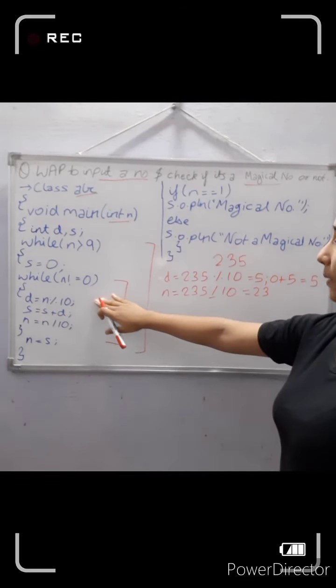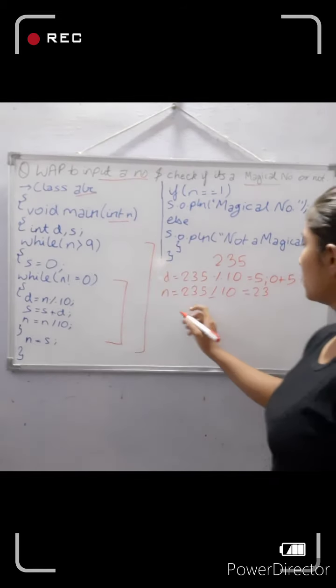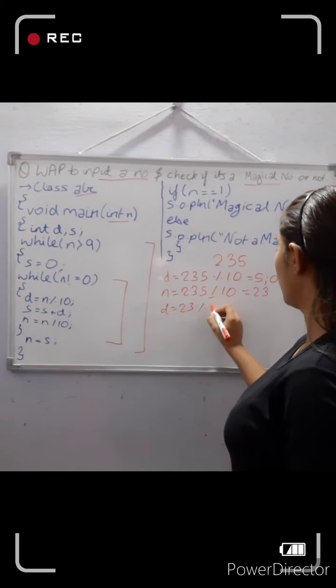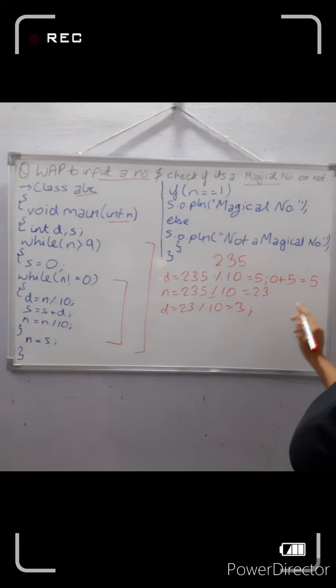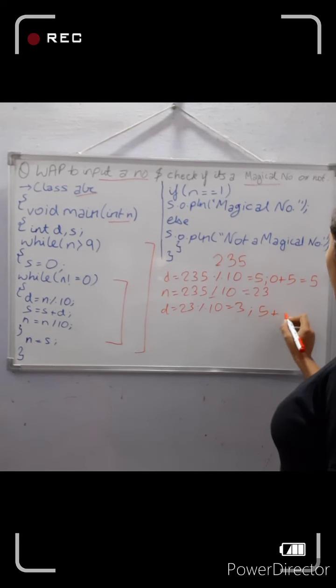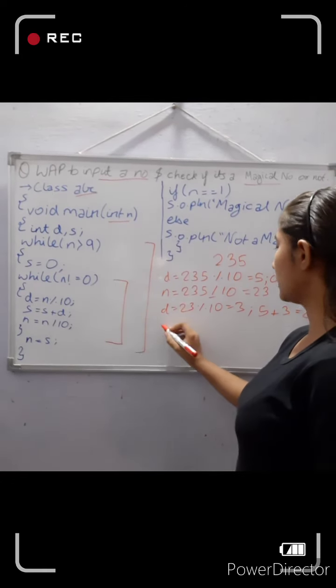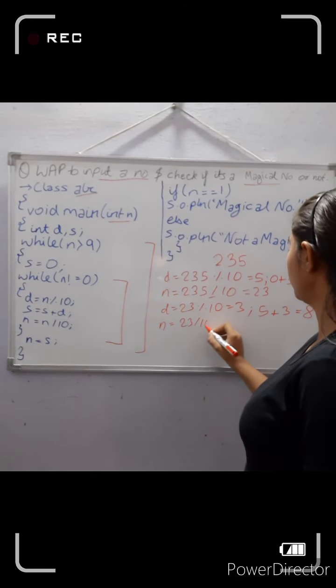Now we are again going to come over here as the value of n is not yet equal to 0. So d is equal to number modulus 10. The answer is 3. Value of sum was 5 plus d, which is 3. The value of sum is now 8. Now again back to this step, n is equal to n divided by 10.